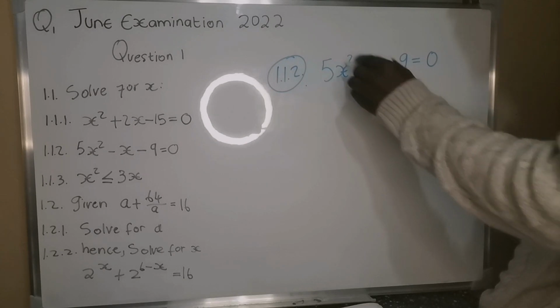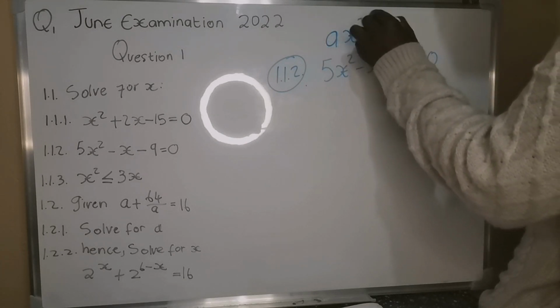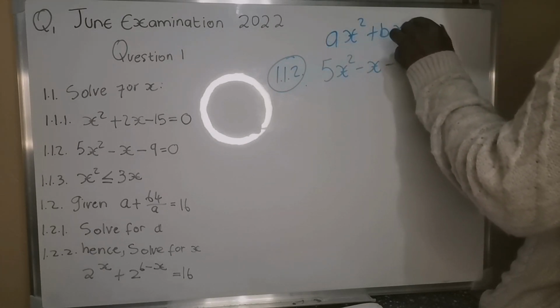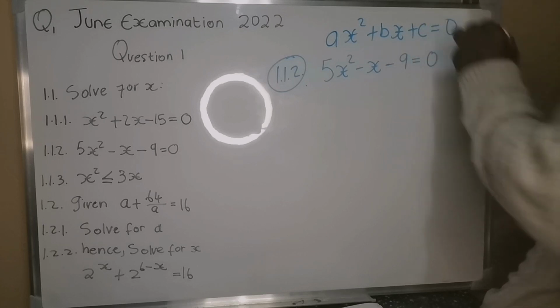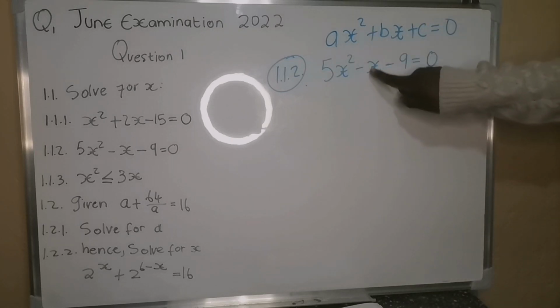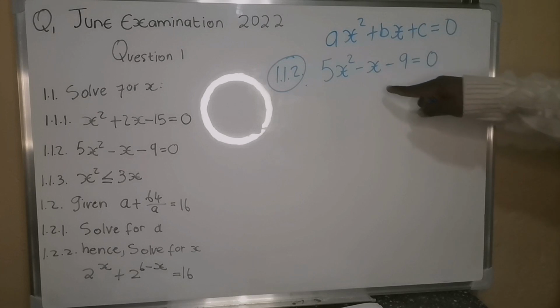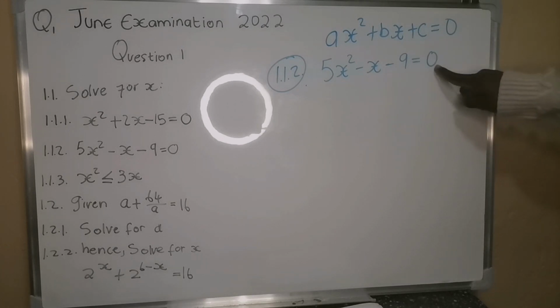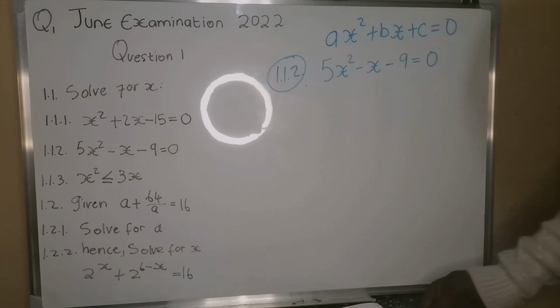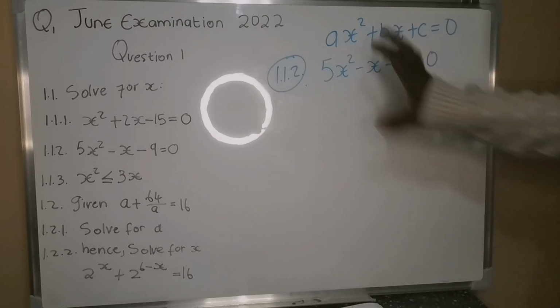Here, in the quadratic equation, we have ax squared plus bx plus c equal to 0. So the value of a is 5, the value of b is negative 1, the invisible 1, and the value of c is negative 9. Therefore, our equation is arranged in the quadratic form, so you don't need to do anything. You just need to go straight to the quadratic formula and apply it here in the question. Let us apply the quadratic formula for this one.